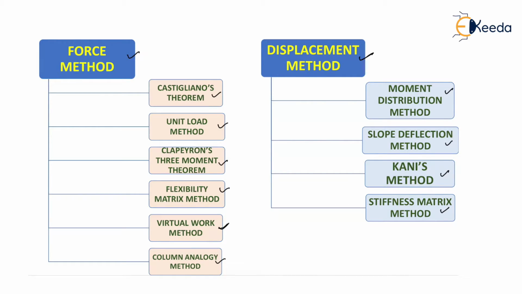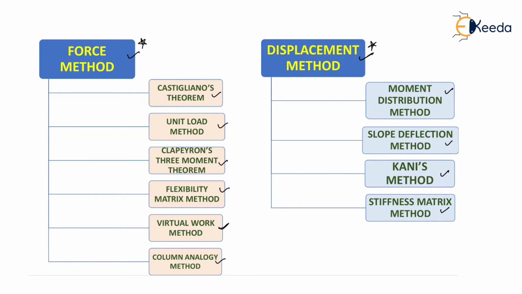Okay students, now this is very important from the GATE point of view because GATE has asked several times in match the following questions which method is force method and which one is displacement method. So it becomes very important from the GATE point of view to know which method is force method and which method is displacement method. Now students get confused sometimes because they think that moment distribution method gives moments or forces.